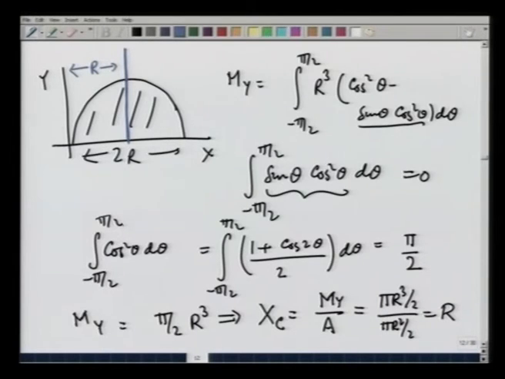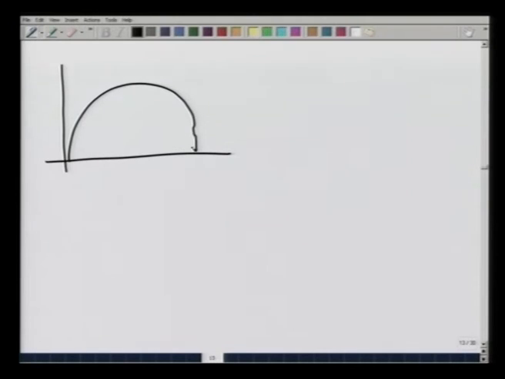How about the y coordinate of the centroid? Let us calculate that. To calculate the y coordinate, I take a strip like this at a height y.